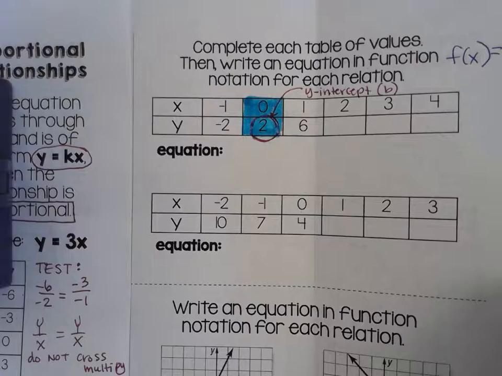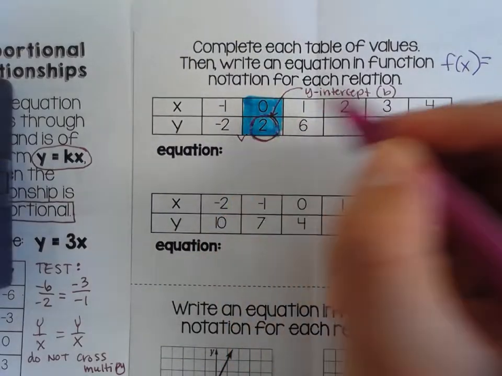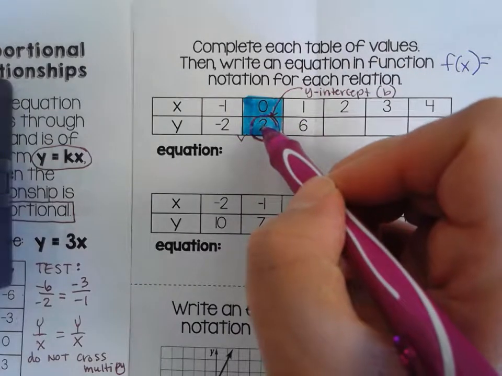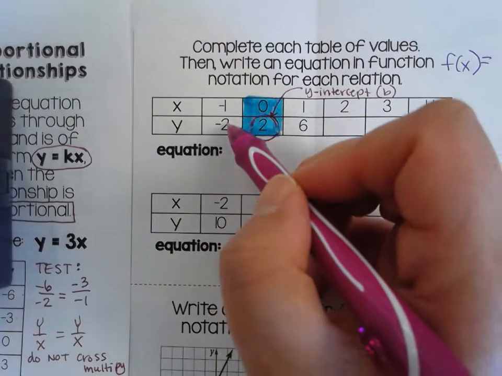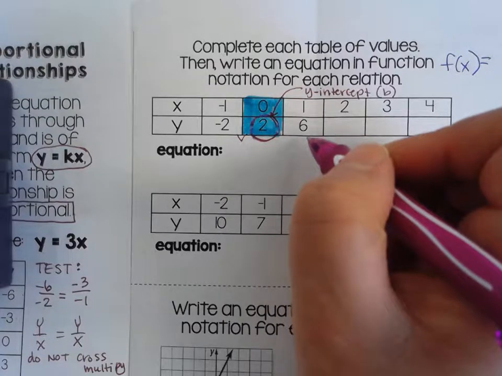But I still need to finish out the table. I need to do some other stuff with that. So what I could do is, how much did it change to get from -2 to 2? So I can say 2 minus -2 is how much? Should be about 4.